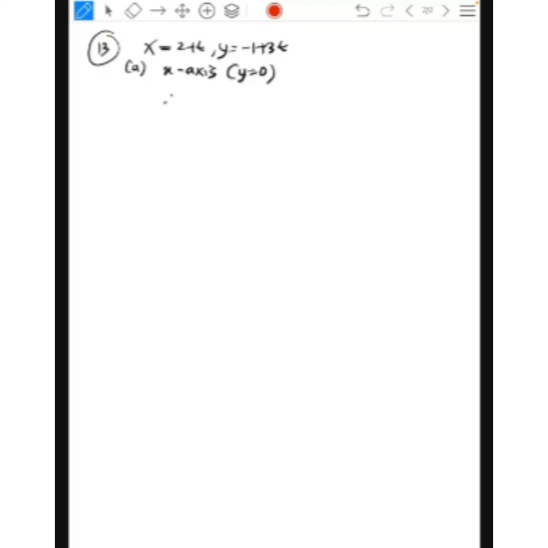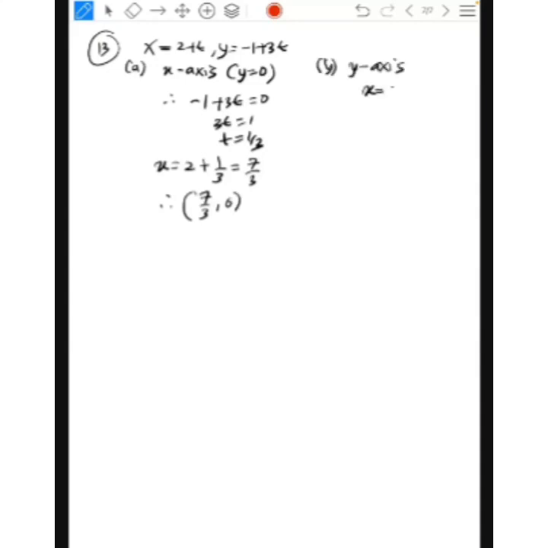So you just substitute y equals 0, meaning 1 plus 3t equals 0, then we have 3t equals negative 1, and then t equals negative 1 over 3. So substitute back into x, so x equals 2 plus negative 1 over 3, which will be 5 over 3. So it intersects at 5 over 3, 0. Okay, and then for B, you substitute what? On the y-axis, x equals 0. So you may try for this one.